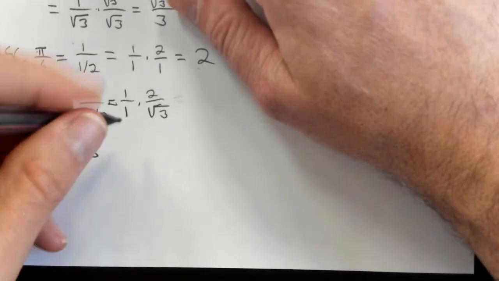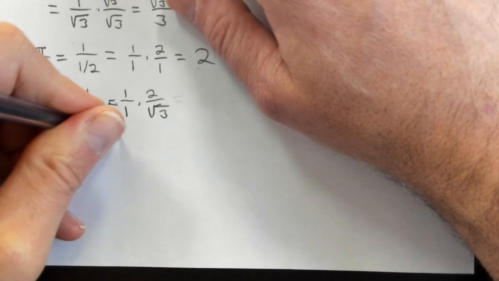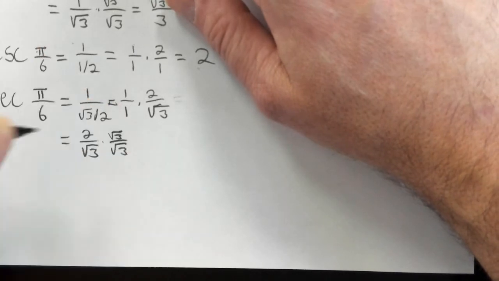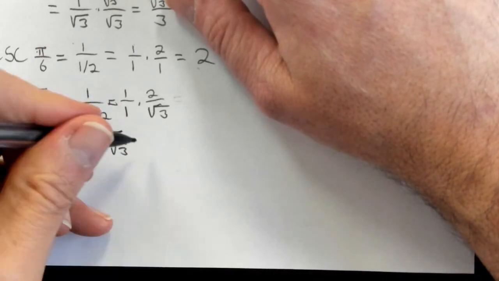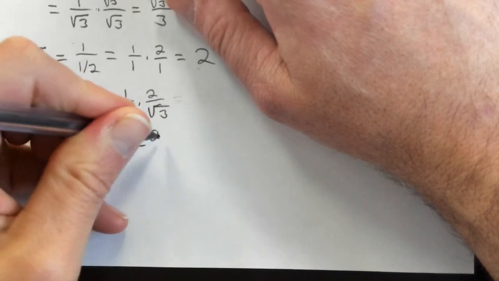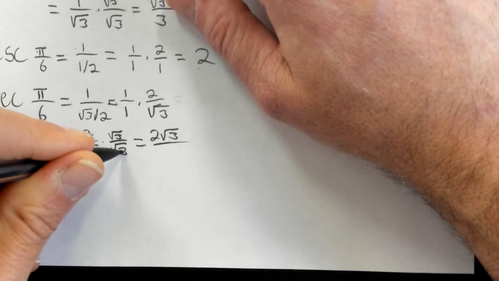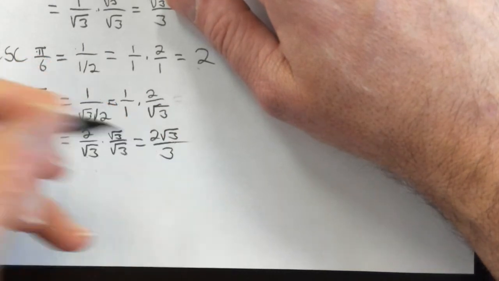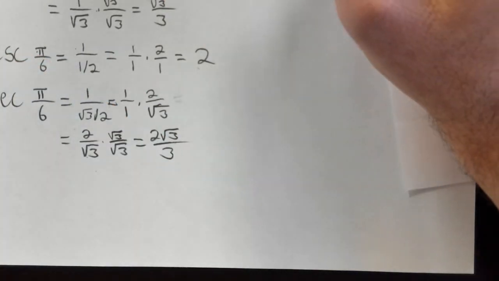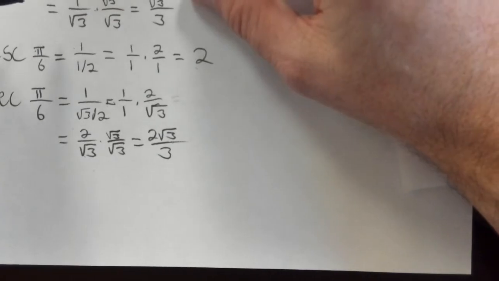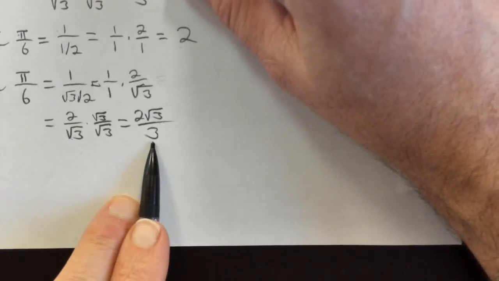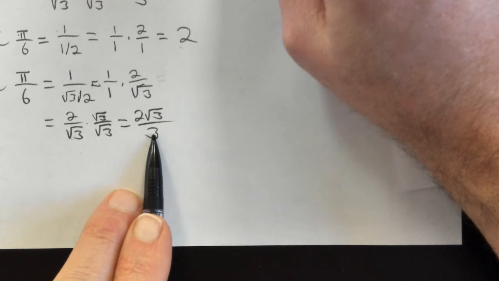Once again, we've got a denominator we need to rationalize, times square root of 3 over square root of 3, which doesn't change it, by the way, because you're multiplying by 1. And so that's 2 square roots of 3 over square root of 3 times square root of 3 is 3. And so we have the correct answer here.